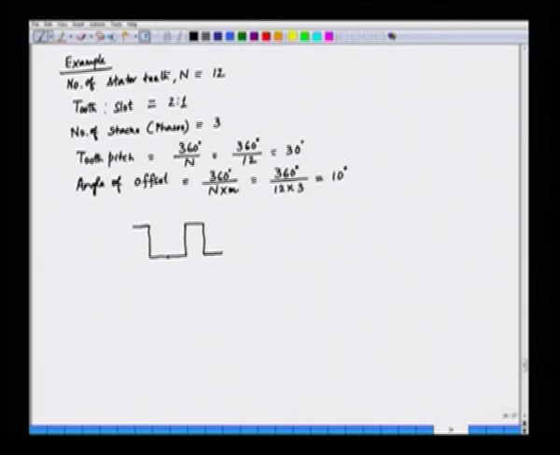So this is 20, the slot is 10, and this is how the stator teeth look.